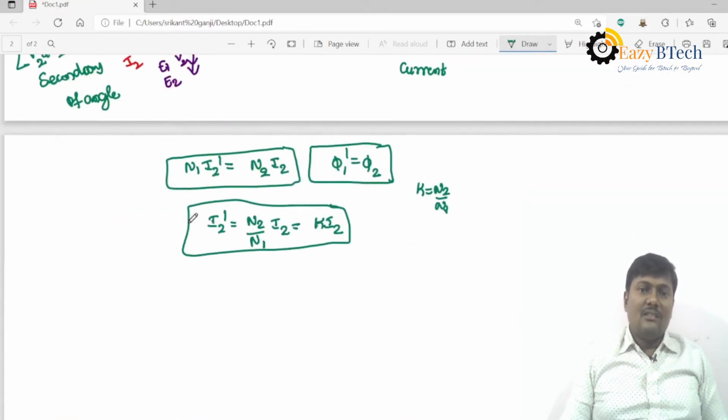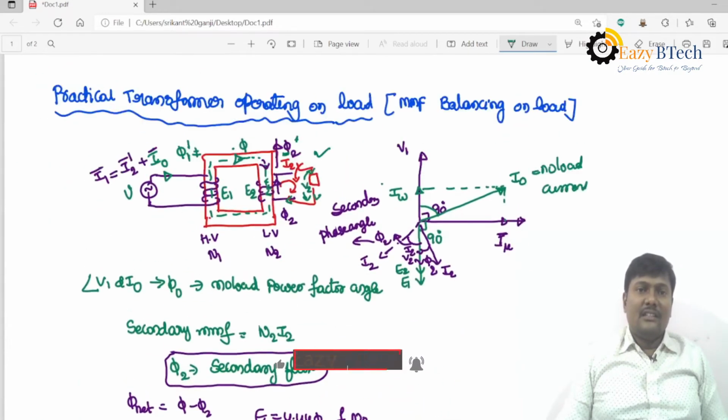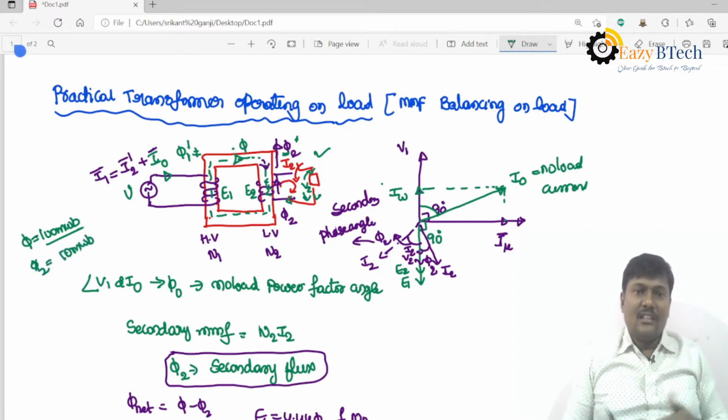And once phi1 dash is equal to phi2, both are nullified, and the flux in the transformer core is always constant. Suppose 100 milliweber is the main field flux. The phi2 value will be, let us say, 10 milliweber. Based on the load, the flux value will change.